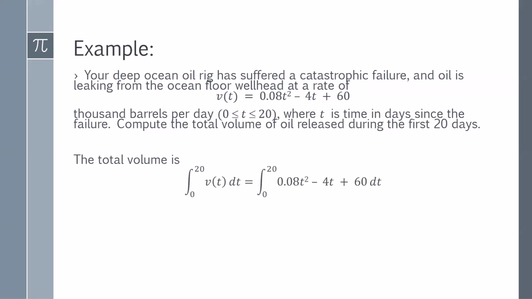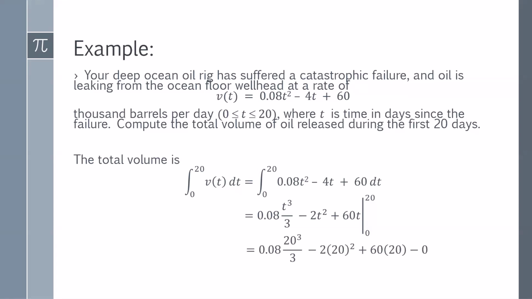Well, the total volume is the integral from 0 to 20 of V of t dt. We know that V of t is 0.08 t squared minus 4t plus 60. Finding the antiderivative, we get 0.08 t cubed over 3 minus 2t squared plus 60t evaluated at the endpoints 20 and 0.